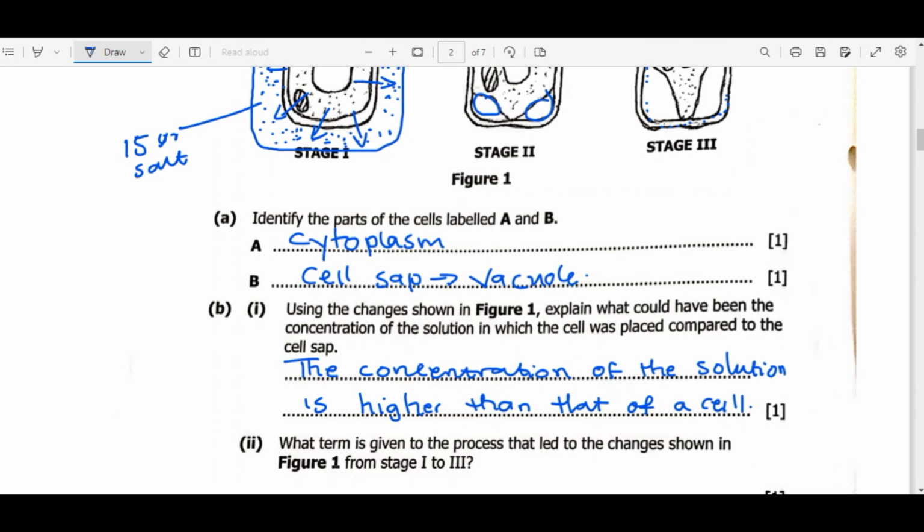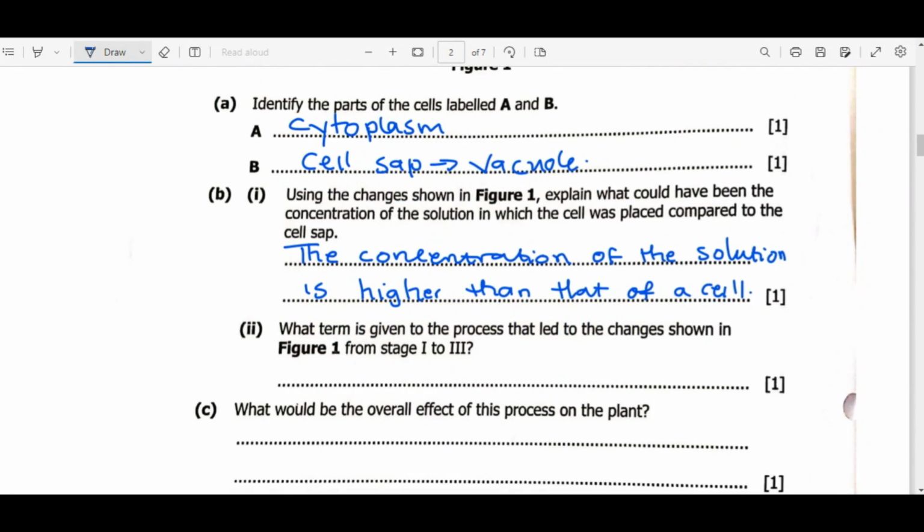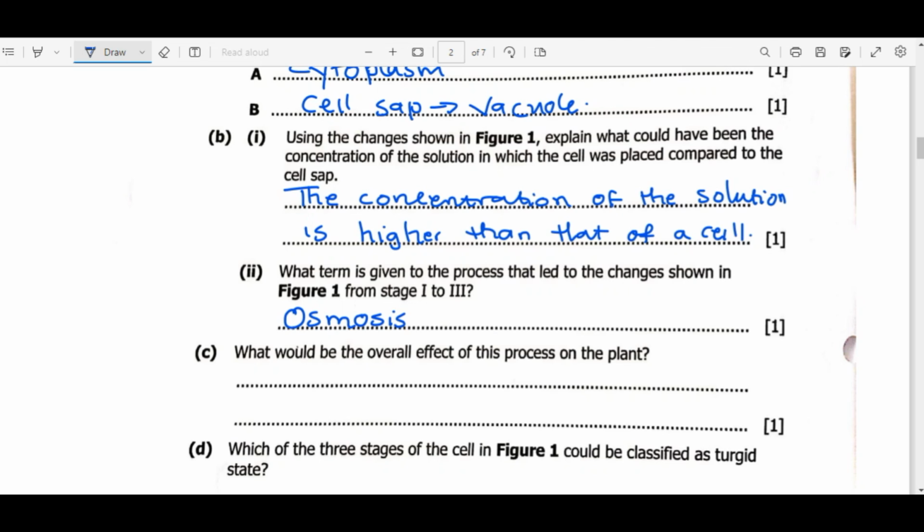Right, we move on to question 2. What term is given to the process that led to the changes shown in figure 1 from stage 1 to stage 3? We are dealing with osmosis because it is about the movement of water molecules. Then, what would be the overall effect of this process on the plant?